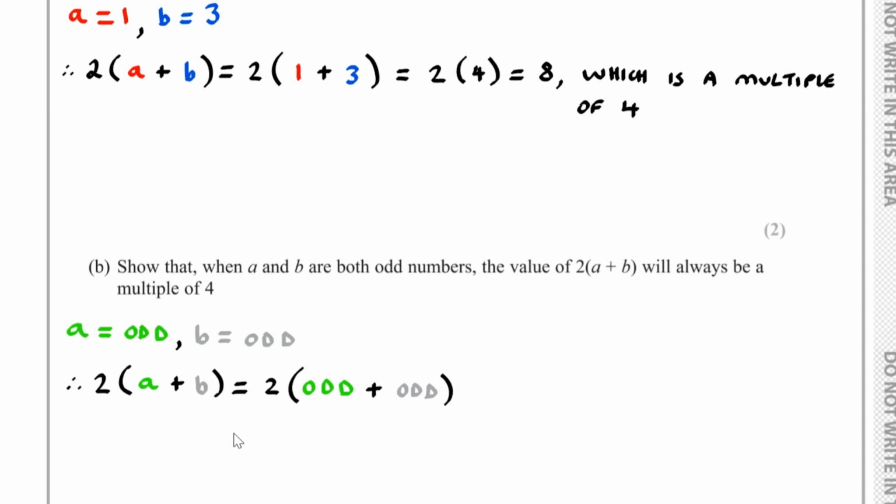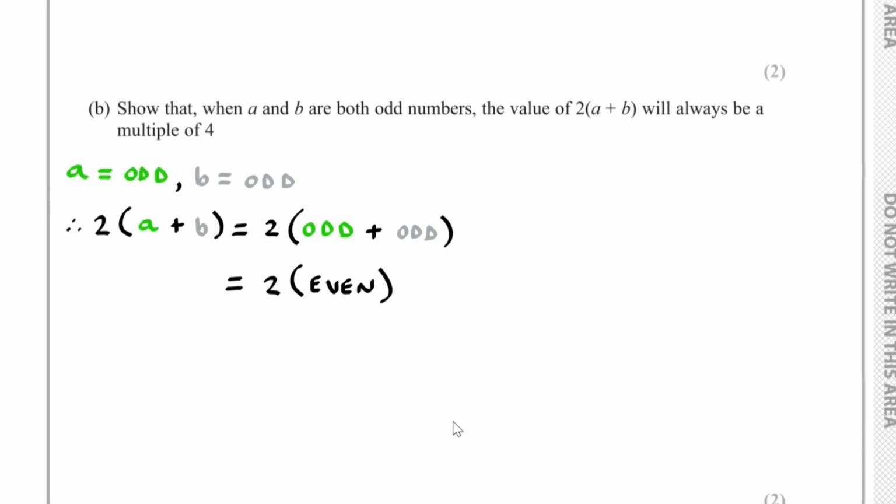So we have 2 times by an even number, and no matter what even number I have, I can multiply that by 2 and I'm still going to get an even number. Now even numbers are of the form 2n.